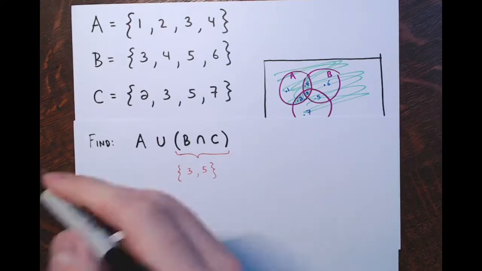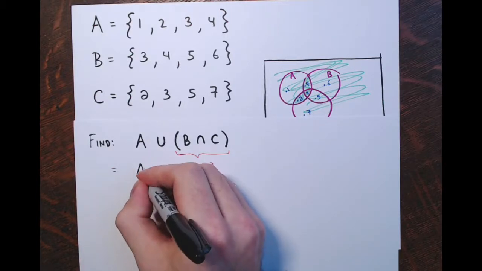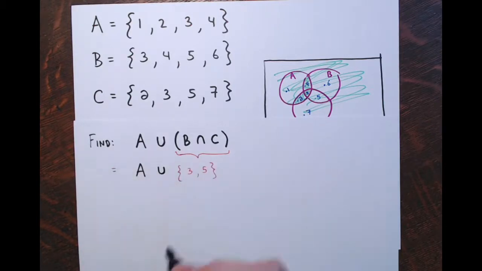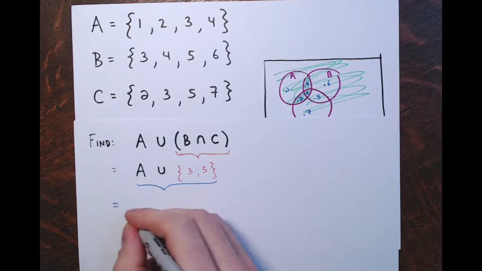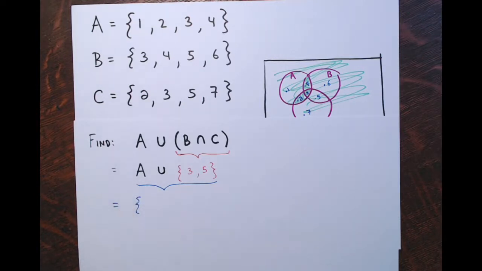Right, and then I'm taking A union this set with 3 and 5. So what's this? Now remember, this is the inclusive OR. So all the elements that are in A are in this union. All the elements in B intersect C, this set with 3, 5, are in the union, and any elements in both.